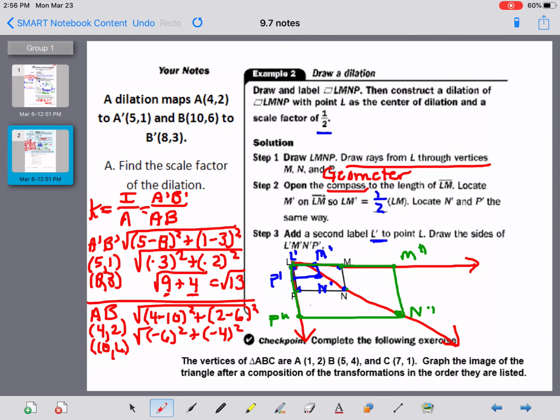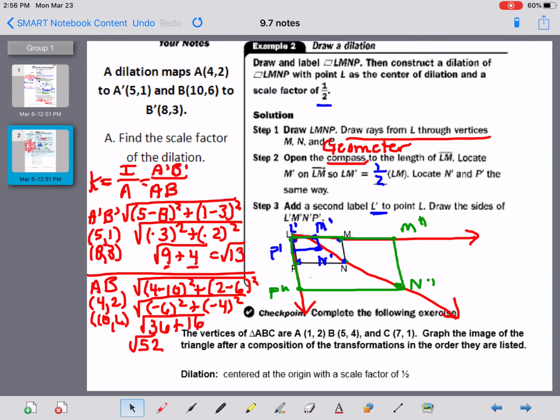And I'm going to square negative 6 squared. That's my positive 36. Negative 4 squared is positive 16. And I add those together to get my square root of 52. So now I have my distance formulas done.